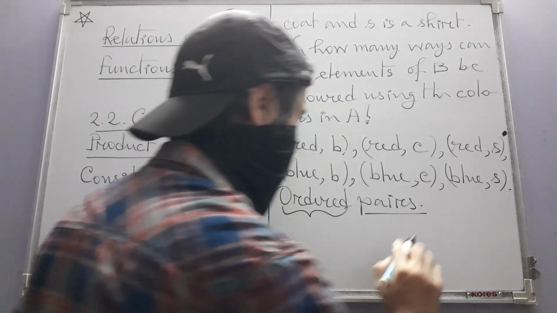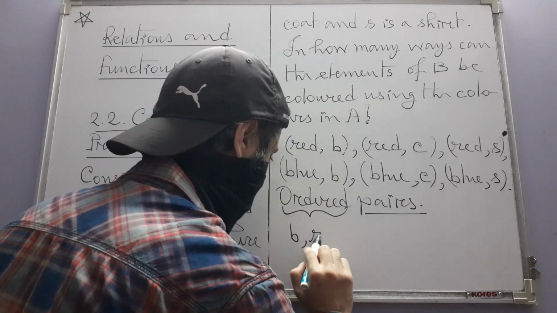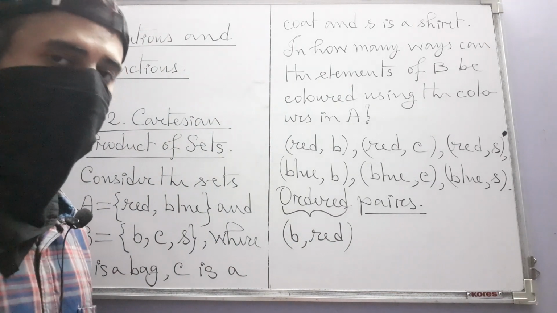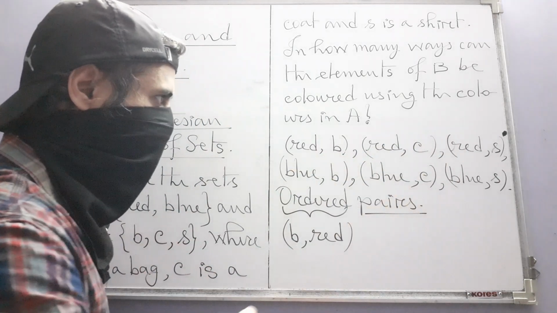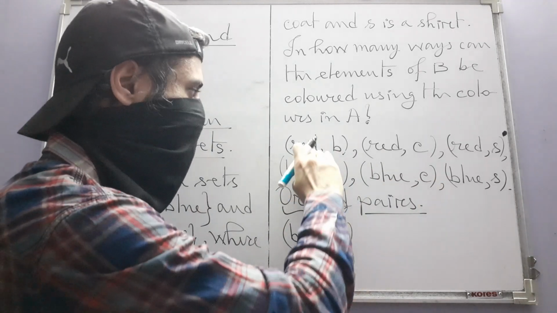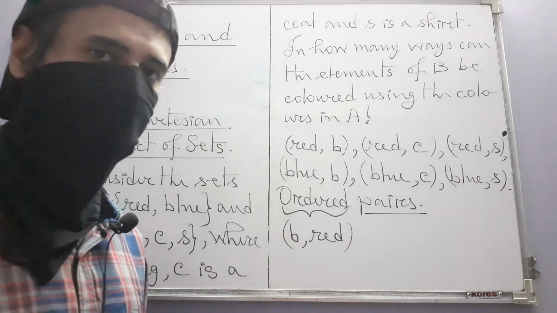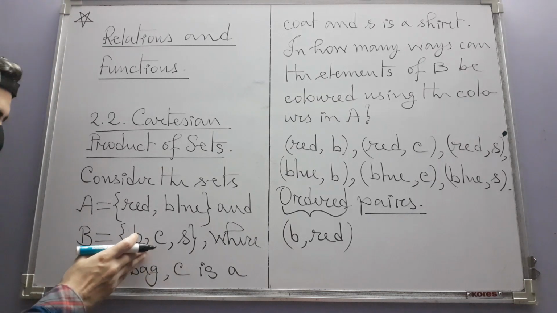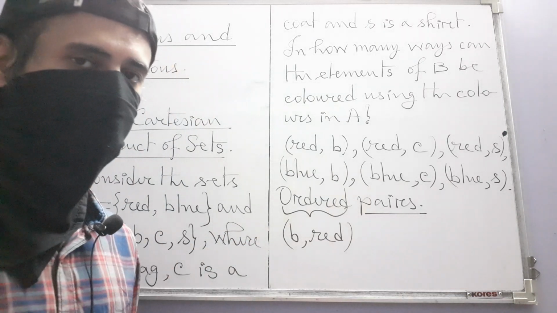For example, if you think of this ordered pair instead, B comma red. I mean, if we wanted, we could have written, in place of these ordered pairs, 6 other ordered pairs, where the first elements are the objects in B, not the colors, and the second elements are colors.